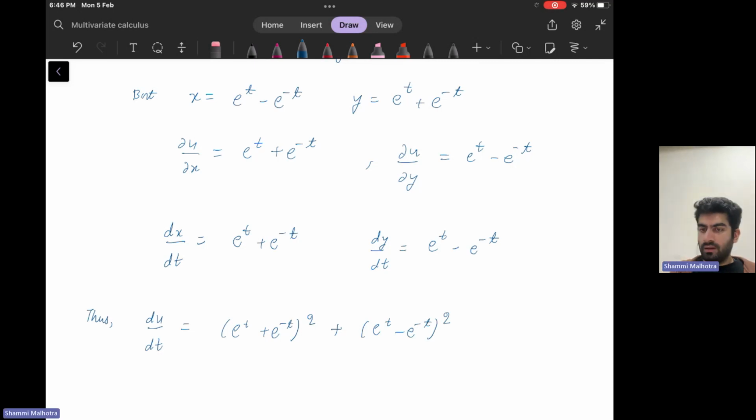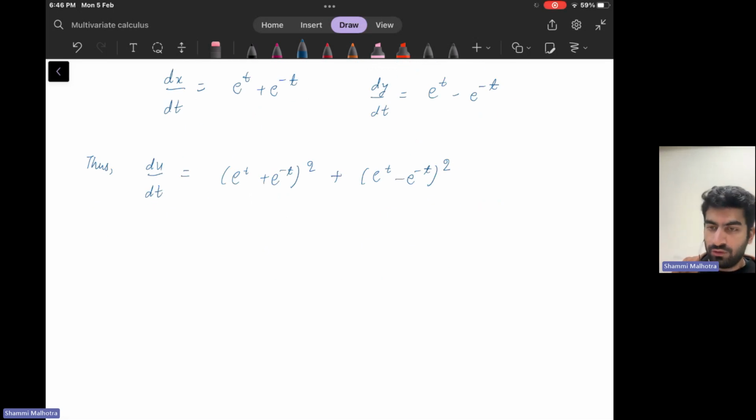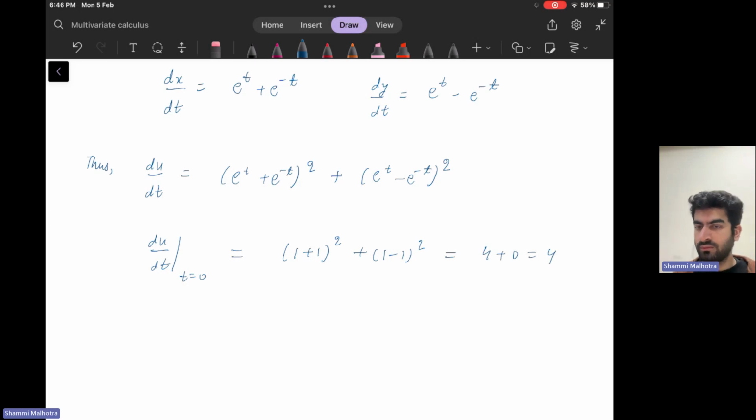Okay. So this is my derivative of u with respect to t. Now I have to find the derivative at t equal to 0. This would be (1 plus 1) square plus (1 minus 1) square, so this will be 4 plus 0, which is just 4. So that's how you calculate du by dt at t equal to 0.